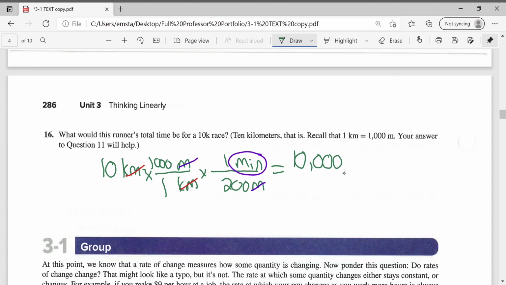On the bottom I have 1 times 200, which is just 200. Then use your calculator to divide that out. 10,000 divided by 200 is 50. So my runner that I've been dealing with for the last several problems will run a 10-kilometer race in 50 minutes.